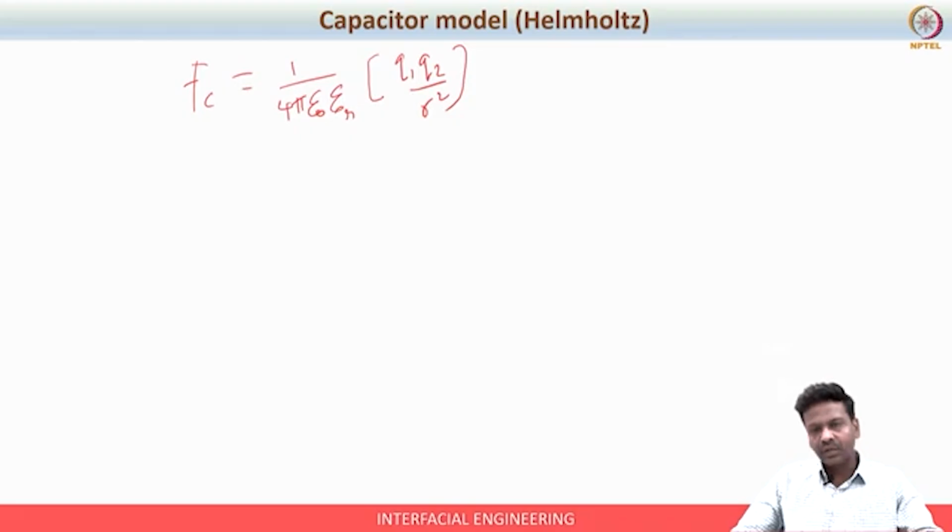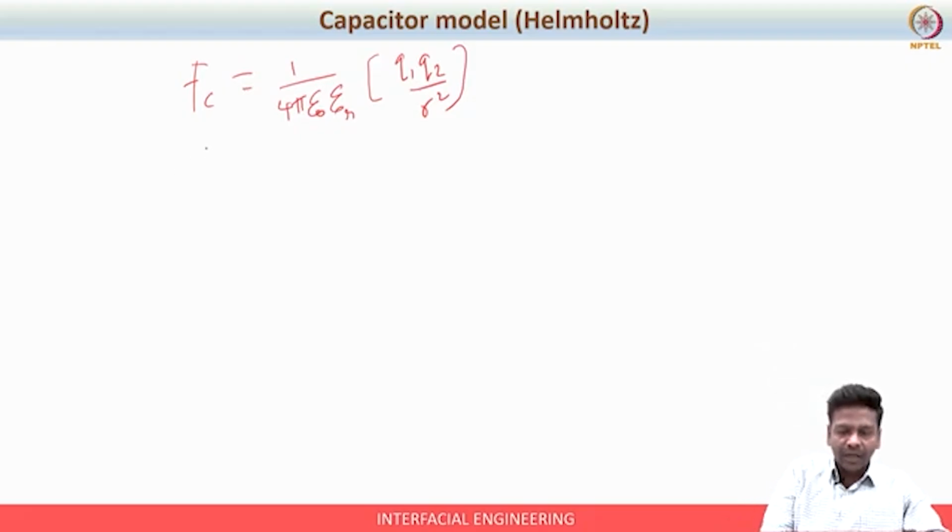This is exactly what we know as the Coulombic force, right. But we are not just interested in the Coulombic force, but in the potential variation, so we want to know the variation of potential in the vicinity of the interface.